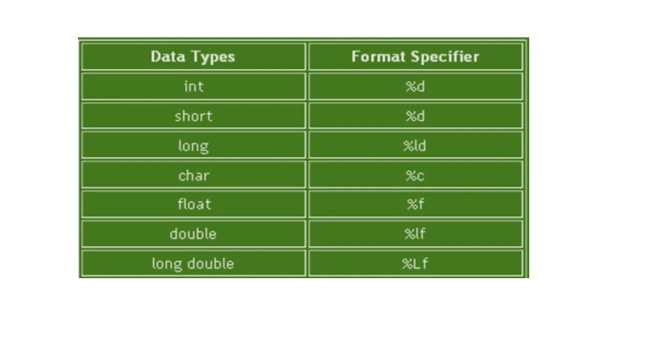For a character data type, the format specifier is %c. For a float data type, the format specifier is %f. For a double data type, the format specifier is %lf.